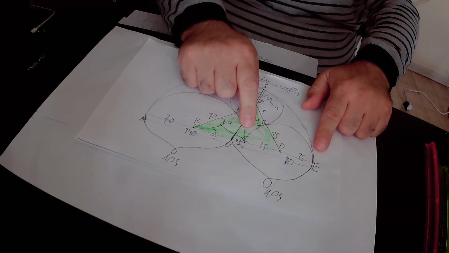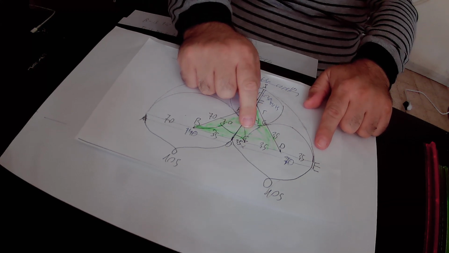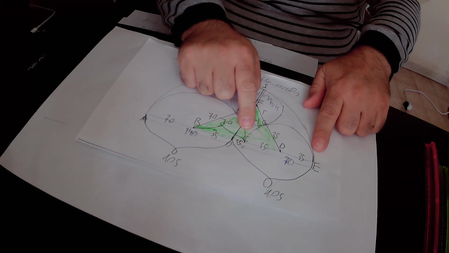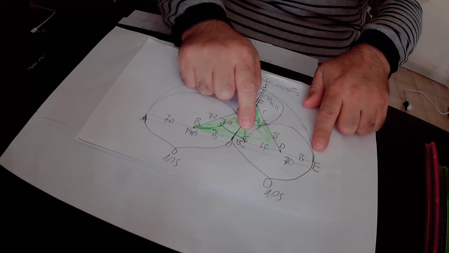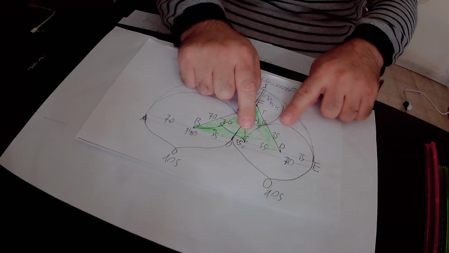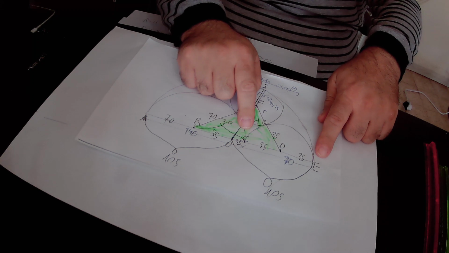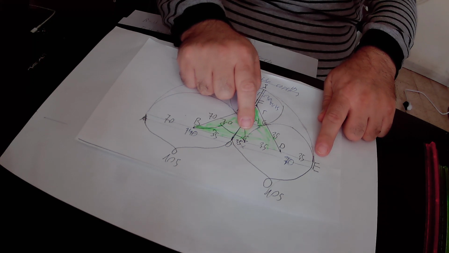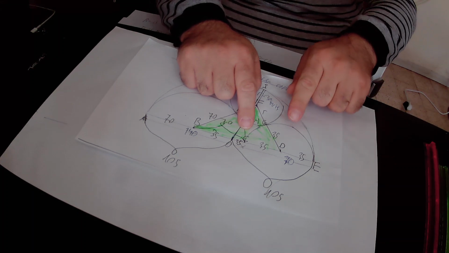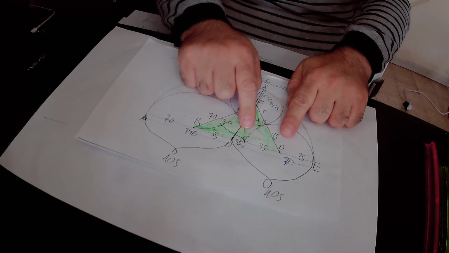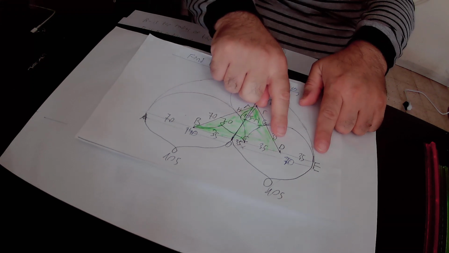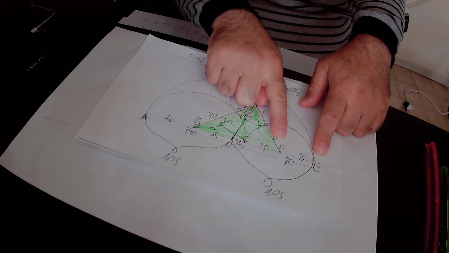Likewise, in the smallest semicircle, we have line segment CE equal to 70 units. Line segment CE is the diameter of the smallest semicircle. So if the diameter is 70, the radius must be 70 over 2, that is 35. So the radius CD equals 35 units, and the radius DE also equals 35 units.